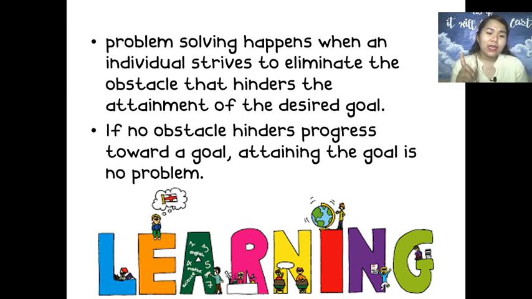Okay, then, if no obstacle hinders progress toward the goal, then attaining the goal is no problem. So, kung walang hindrance na nagbablock sa pag-abot doon sa goal, then more likely there is no problem. Okay?